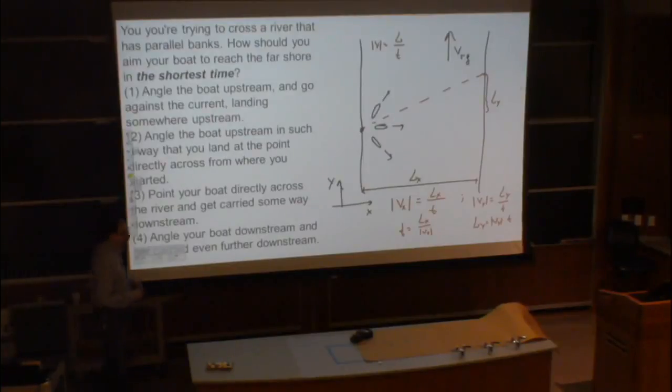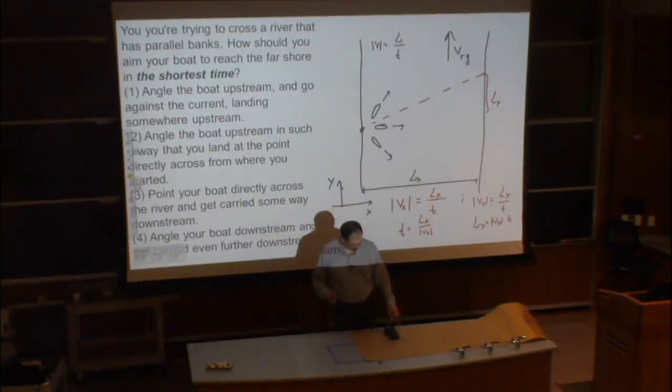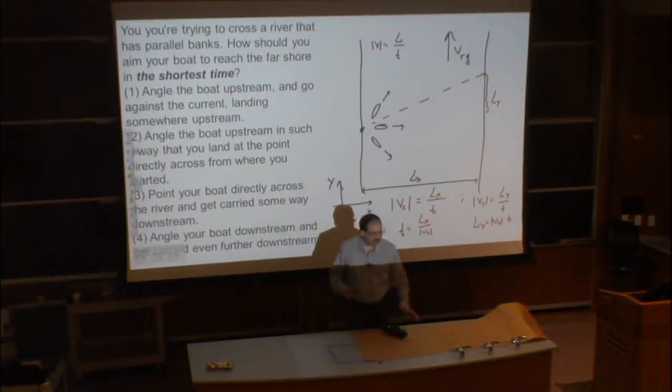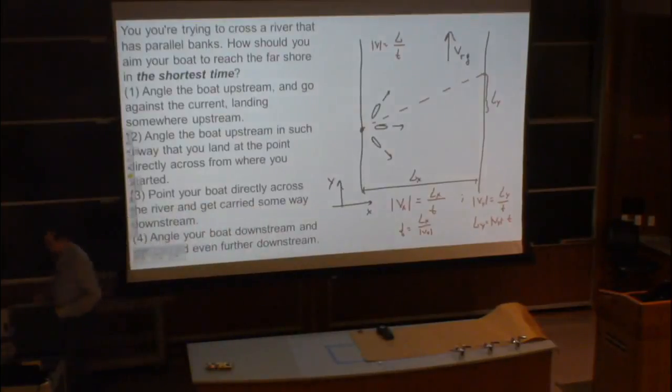And now we need to keep in mind a very simple fact. It doesn't matter how you aim your boat. It's still the same boat with the same engine. So it provides the same speed relative to water, just in different directions. So when you use this picture, this velocity, or this velocity, or this velocity should have exactly the same length, because it only depends on the engine.